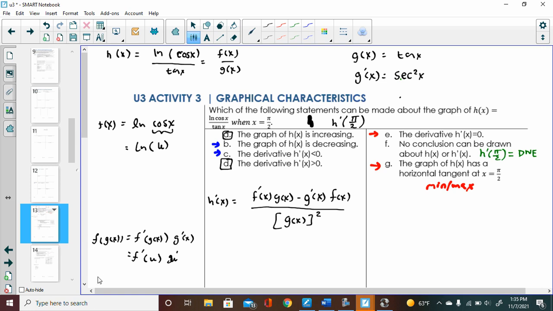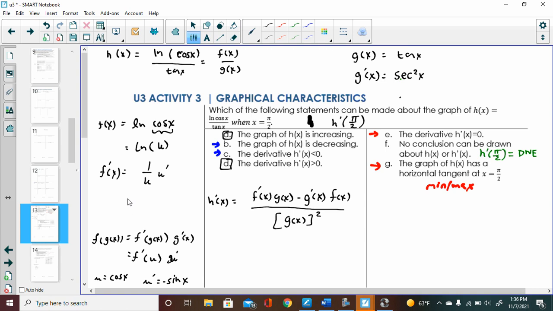If u equals cosine of x, then u prime equals negative sine of x. Makes it easier. So if I want to get this derivative here, f prime of x equals 1 over u, and then u prime.